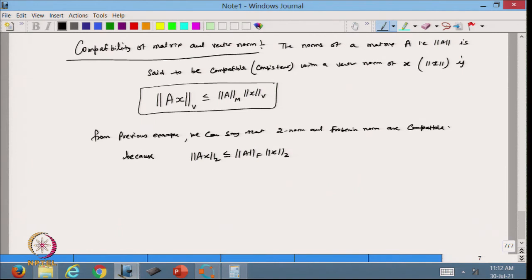Now we have defined the Frobenius norm and the 2 norm. The next question is how we can define the 2 norm of a matrix. So let us define the 2 norm here, because I want to see what will happen if, instead of Frobenius, I just take the 2 norm.